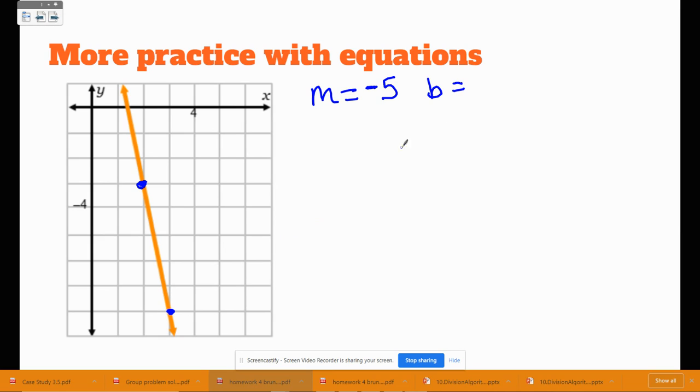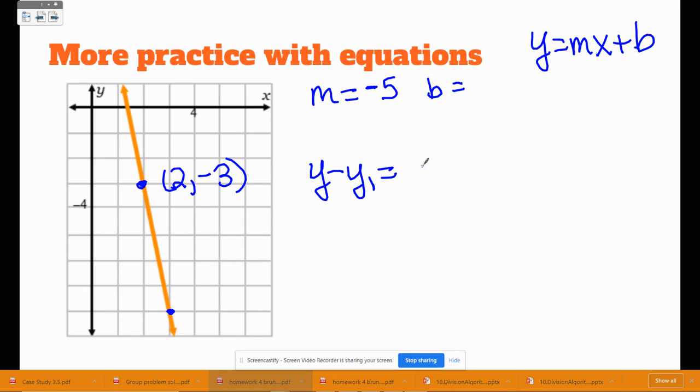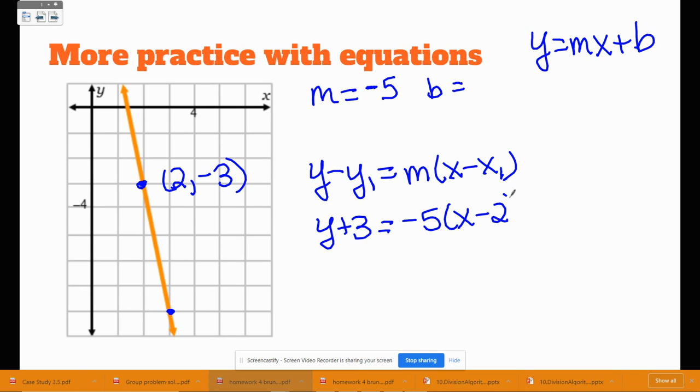Y-intercept, I don't know. So I'm not going to do mx plus b just yet. I'm going to hold on to that for a minute. And I'm going to see what I do see nicely, which is this point here at 2, -3. So I'm going to go with point slope first. And we will get y plus 3 equals m, which is the -5, x minus 2.